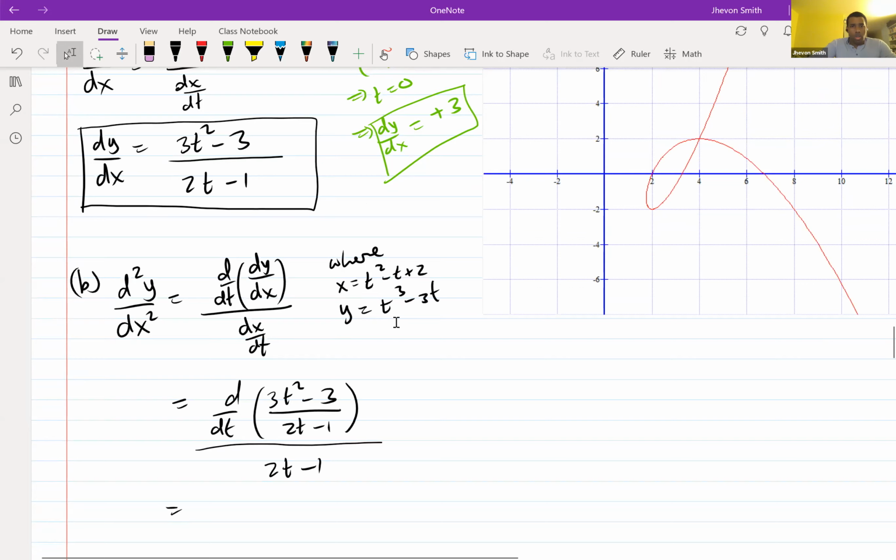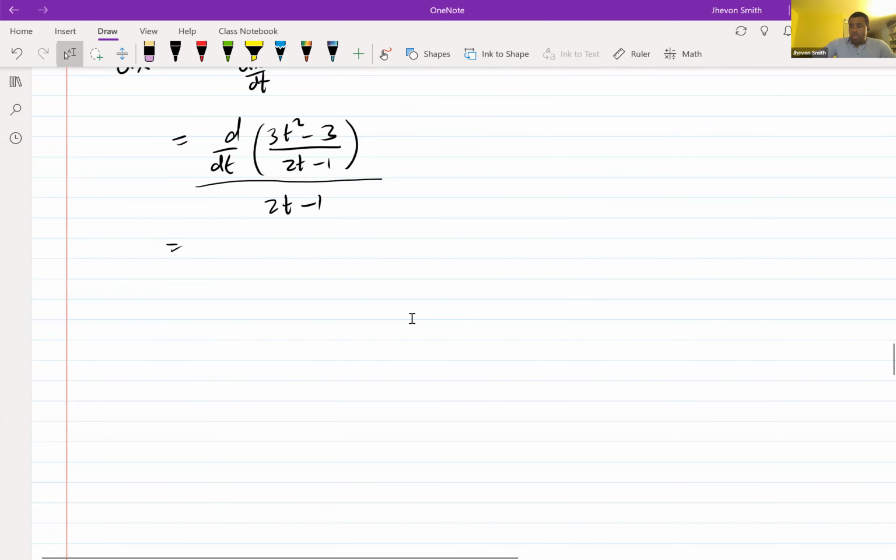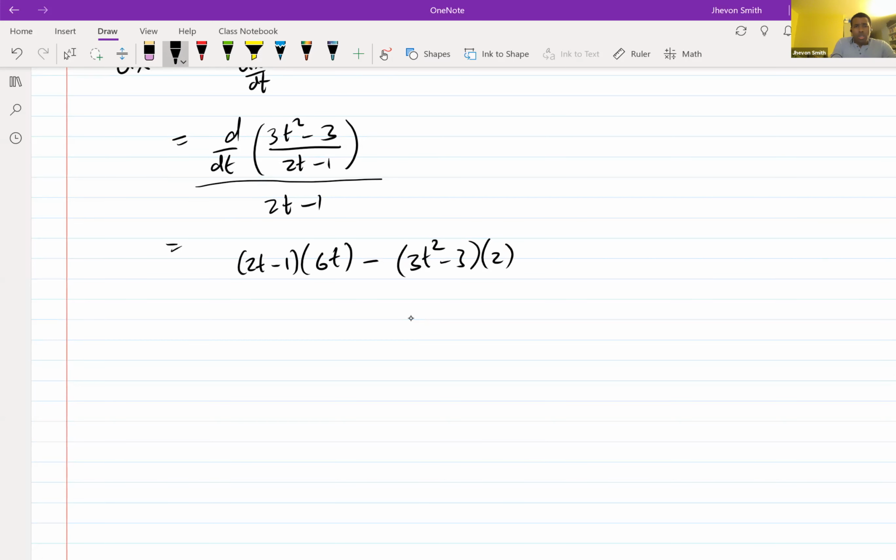And now we can just actually calculate this. So in the top, I'd find the derivative. This is all calc 1. Bottom times the derivative of the top minus the top times the derivative of the bottom over the bottom squared. But of course, I divide again by the 2t minus 1, so that becomes cubed. And of course, now I can multiply this out.